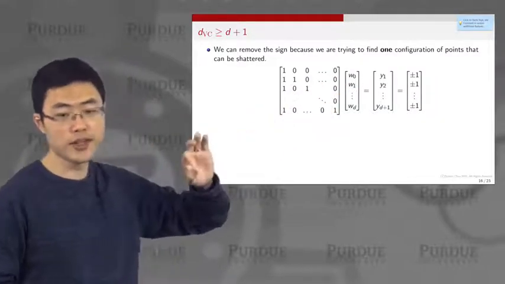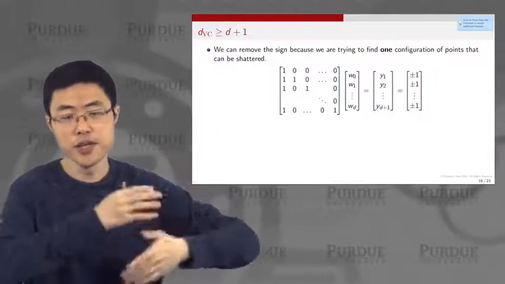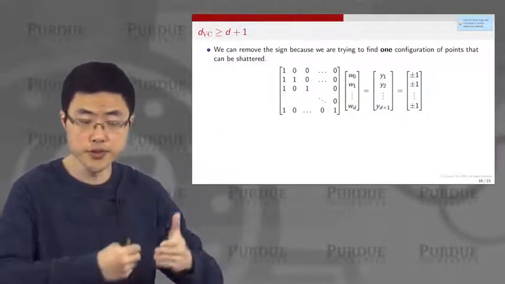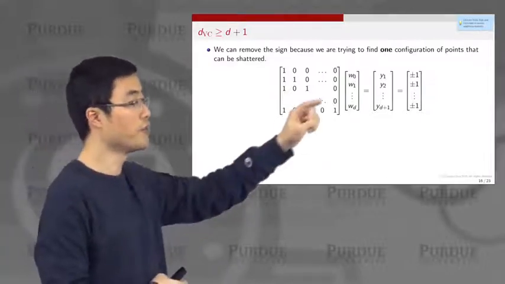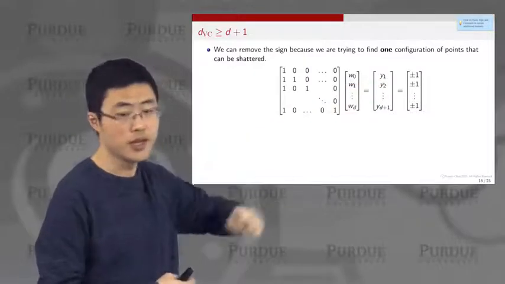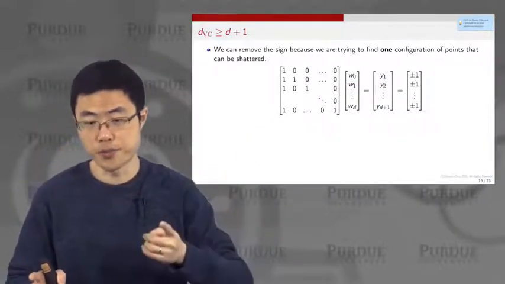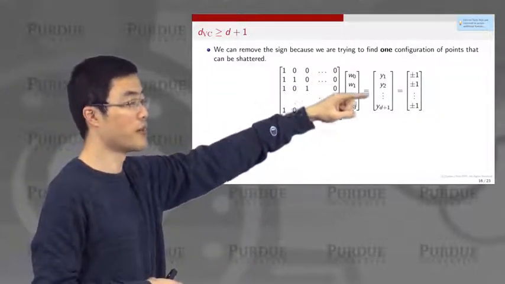Instead of putting a sign there, with different W0, W1, WD, you may have multiple W's that can give you the same +1 and -1. But I don't care. I just want to come up with one particular choice of the W's such that I can make all the numbers +1 and -1.